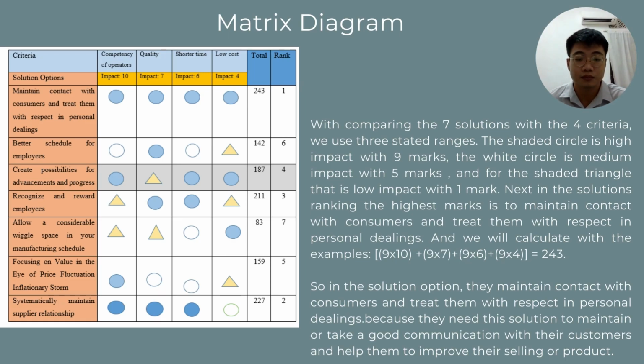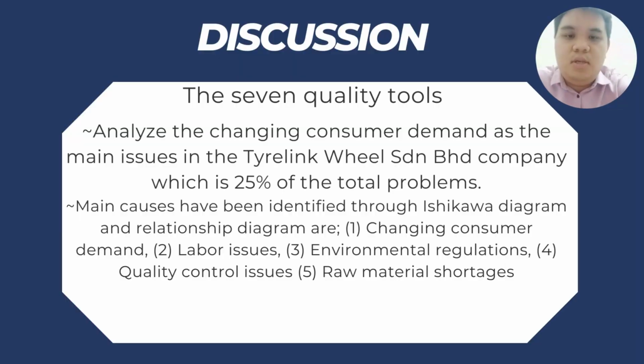Thank you. Hi, Dr. Fauji. My name is Lim Chi Huang. Now I will make the discussion with the Doctor and all my fellow friends. The 7 quality tools analyze the changing consumer demand as the main issue in the Tianling Wheels Lithium Berhad company, which affects 25% of total profits.